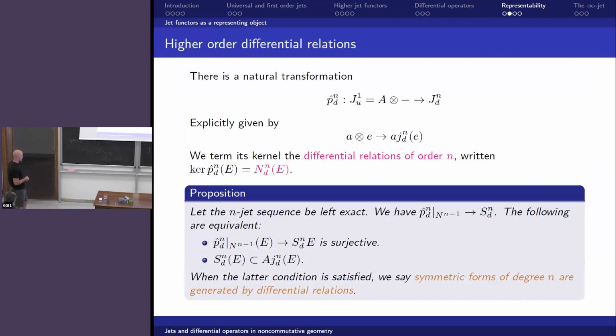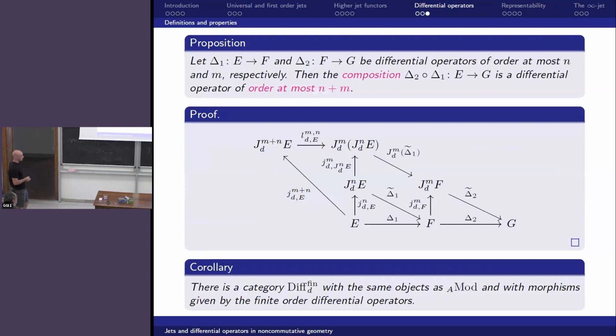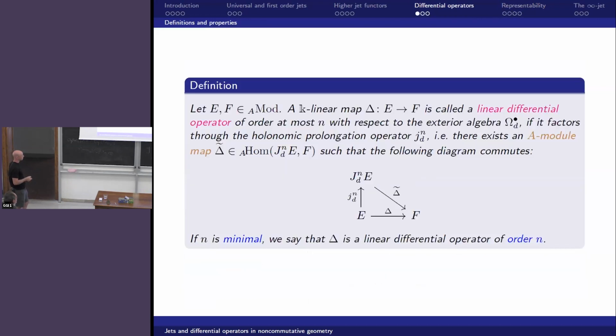Another thing that you want to hold classically is you want jets to represent differential operators. So you want, let's say, lifts of differential operators to be in, maybe I'll go back to the diagram here. Classically, maps of this form are in bijective correspondence with maps here. In the non-commutative setting, this isn't true.